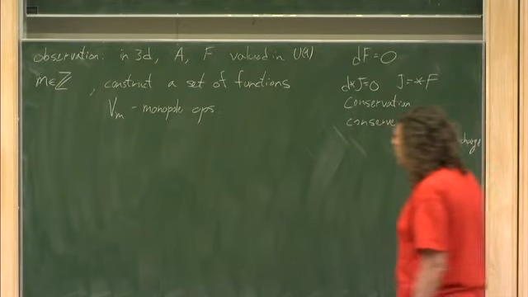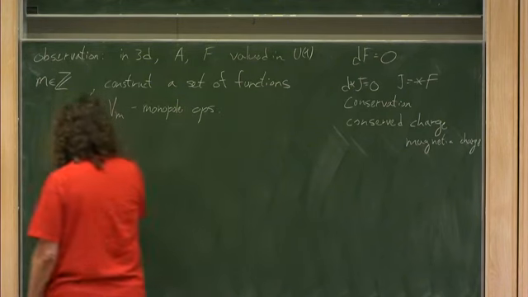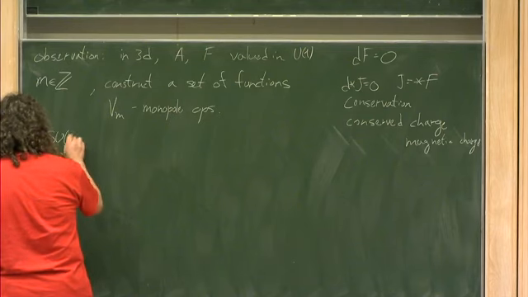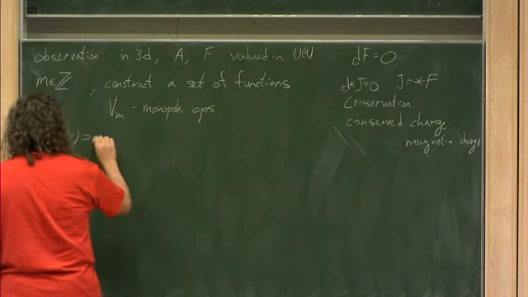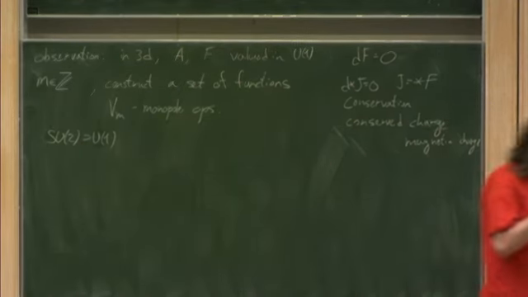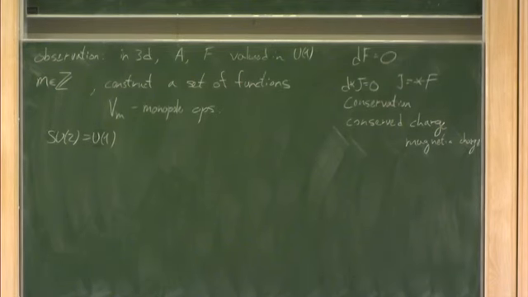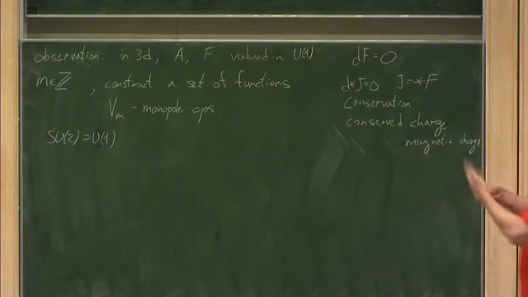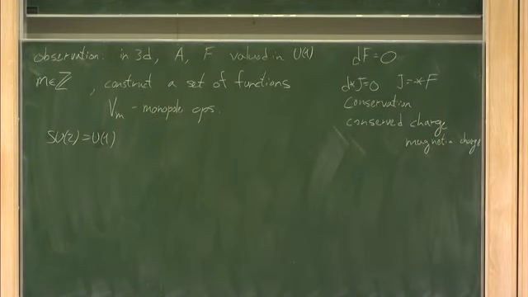And so, with respect to this SU2, I'm going to pick a U1 subgroup. What this means is that I'll take the three complex structures, pick one of them, and define a notion of a holomorphic function with respect to this complex structure. And now I'll declare that this V_m is holomorphic with respect to this complex structure.